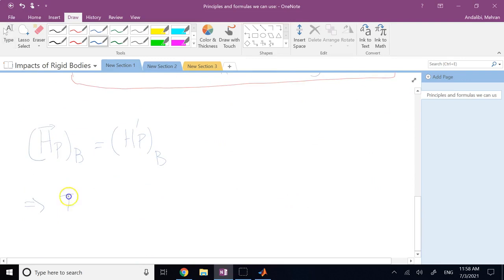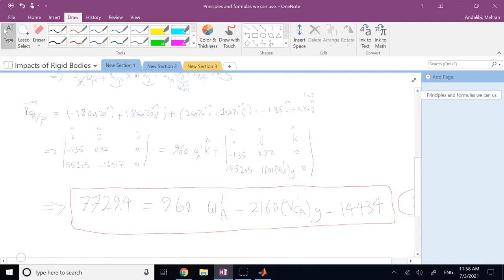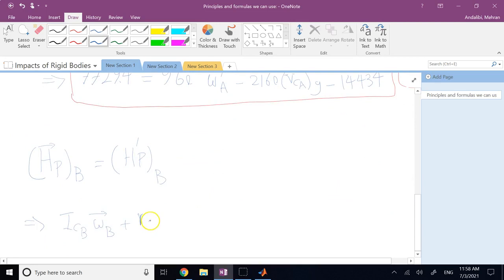So this is going to be I about CB times omega B plus R of, as you can see, it's just exactly similar to that, except CA becomes CB, correct? So this becomes CB with respect to P cross M V at the centroid. So this is what it is before impact, and then you have a similar thing for after impact.